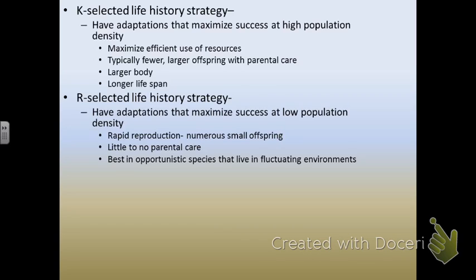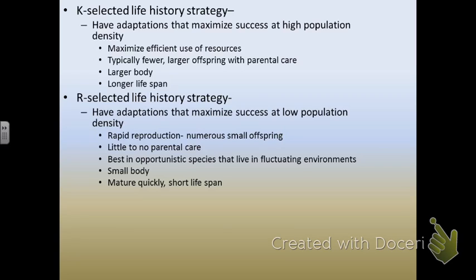Their environment is fluctuating, so whether the environment can support X number of individuals can change over time. Once the times are good, they want to reproduce real quickly and take advantage of good times. These do tend to be animals that have smaller bodies and mature quickly with a shorter lifespan.